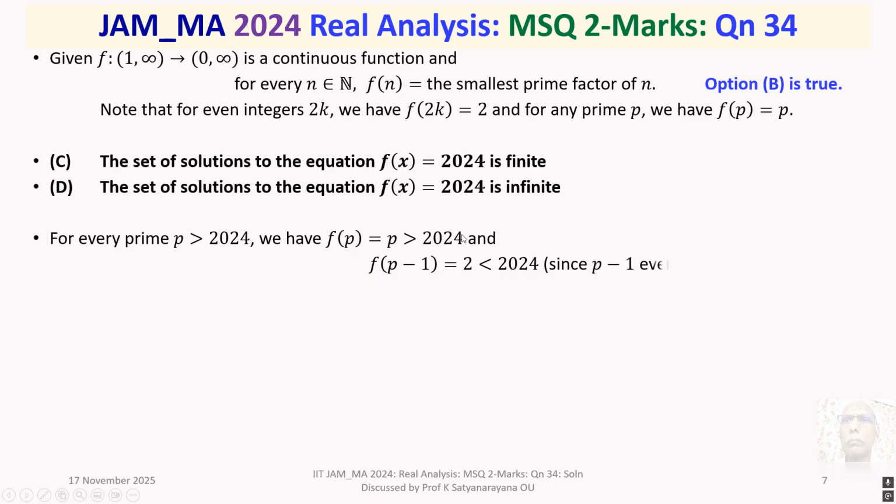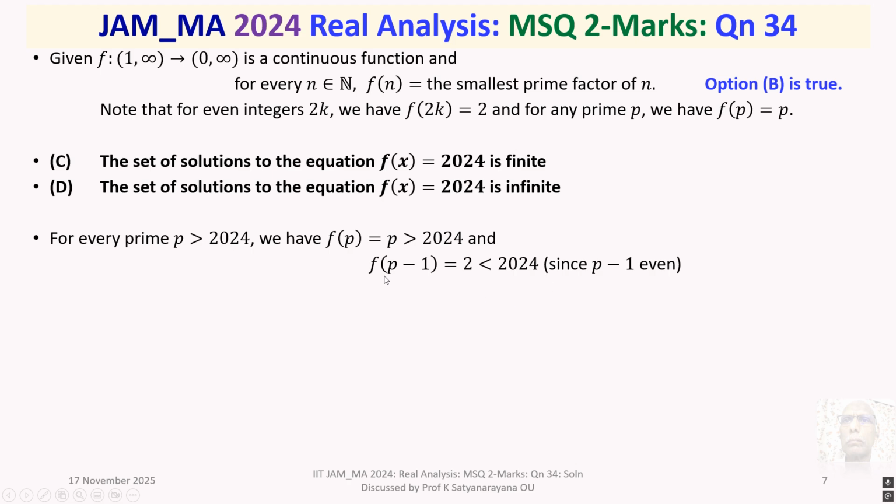And when p is a prime number, p minus 1 is always even, because the only even prime number is 2, but that's not here. So any prime number bigger than 2024 is odd, and p minus 1 will be even. Then f of p minus 1 is 2, which is less than 2024.